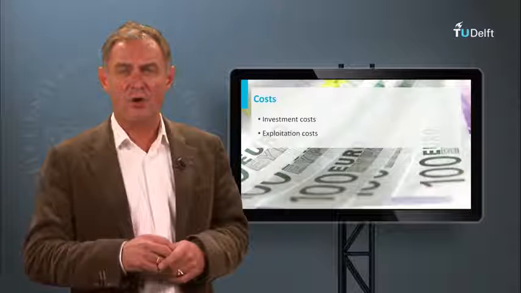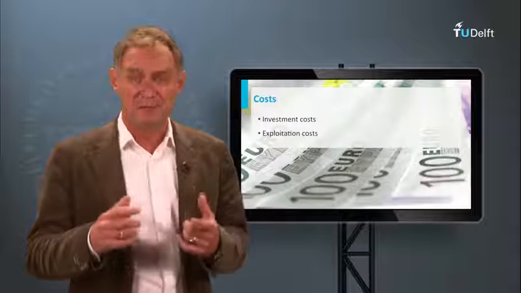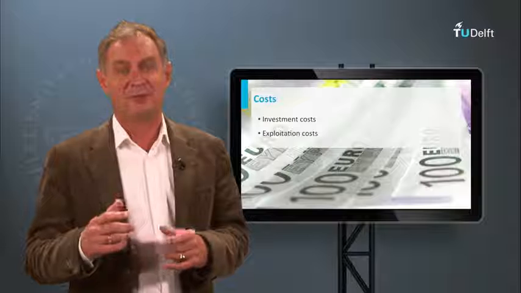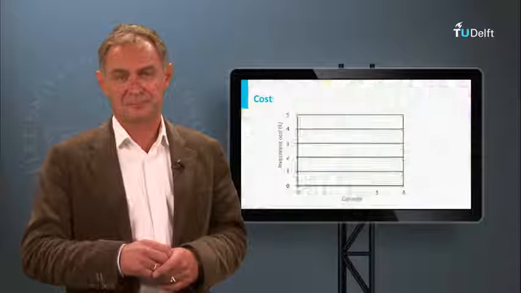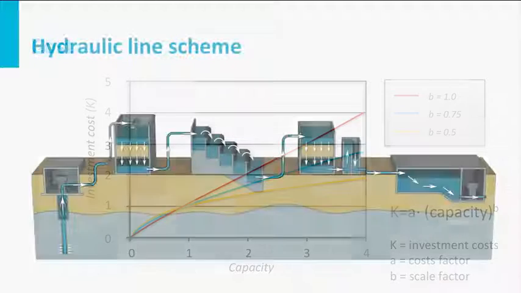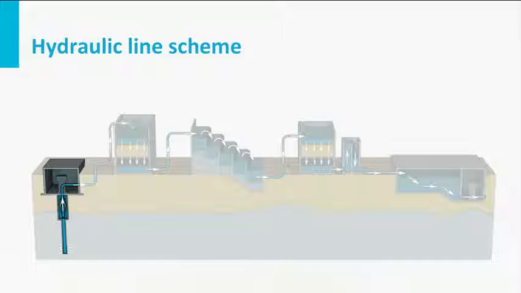Most important part of the exploitation cost are the fixed costs, resulting from the investments in infrastructure, which can be estimated by evaluating previous projects. For example, the investment in the treatment process can be estimated from the cost function that gives a relation between capacity and investment cost.